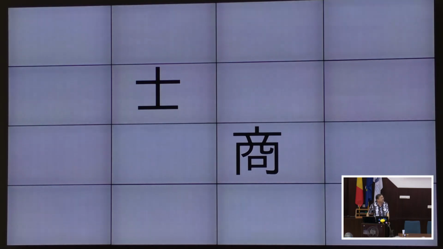But in actual fact, much of the characters in Chinese were created by dirty old men. They didn't really let the women write. So some of it is essentially pornographic.